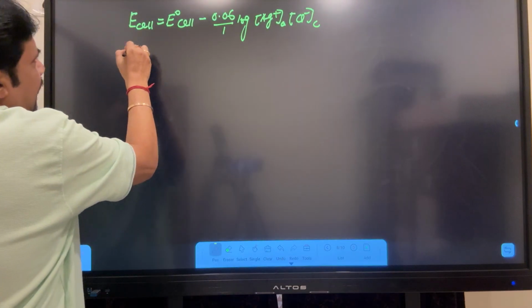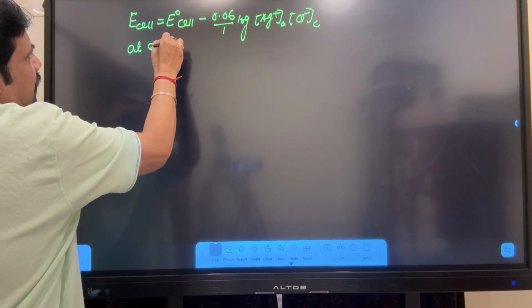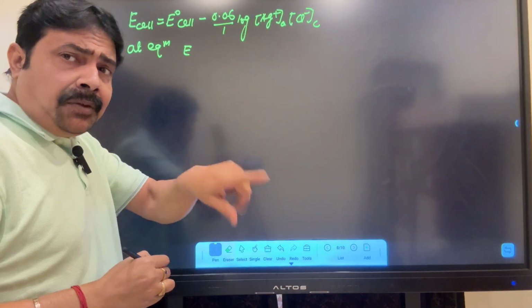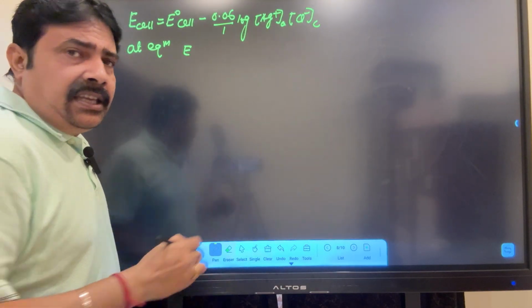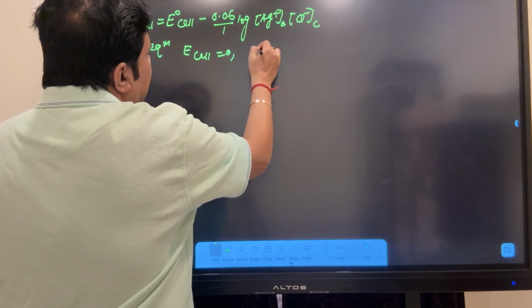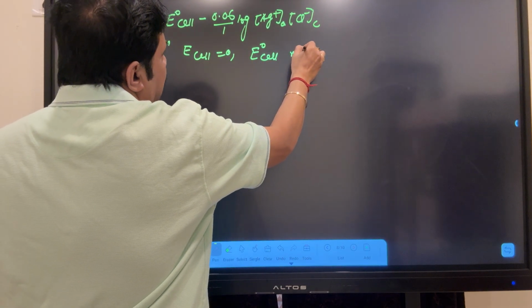Now you look at equilibrium. At equilibrium we know very well delta G is 0, but delta G naught may or may not be 0. In the same way E cell will be equal to 0, and E naught cell may or may not be 0, based on the situation.